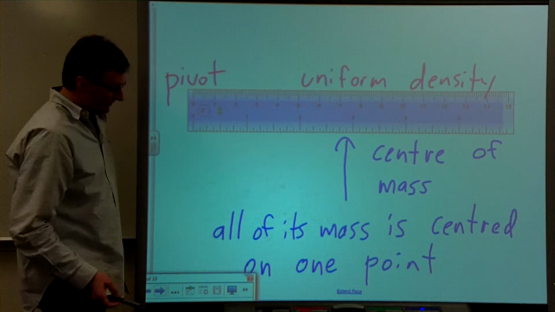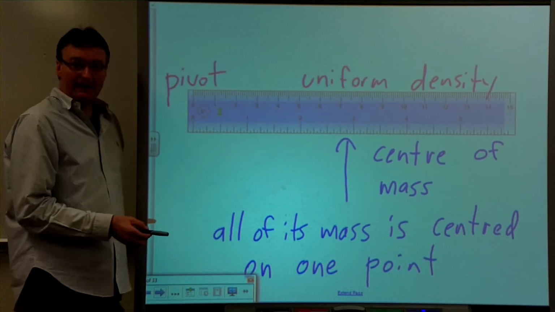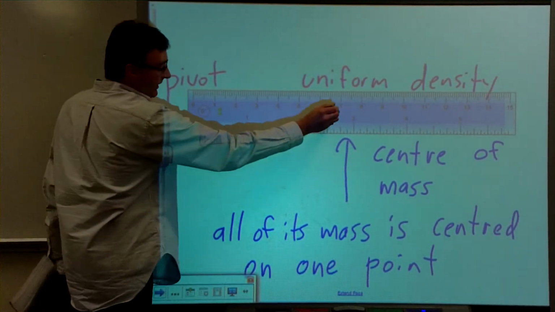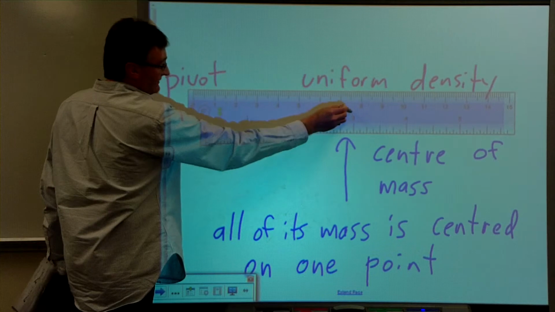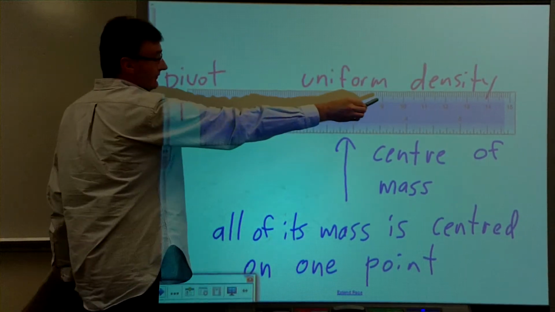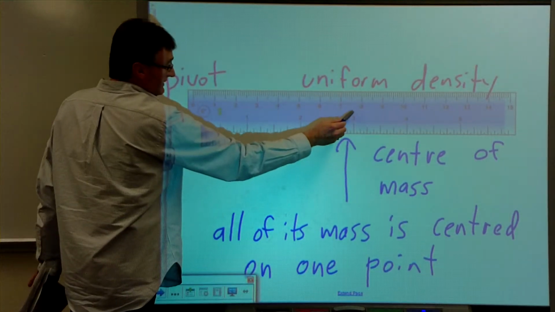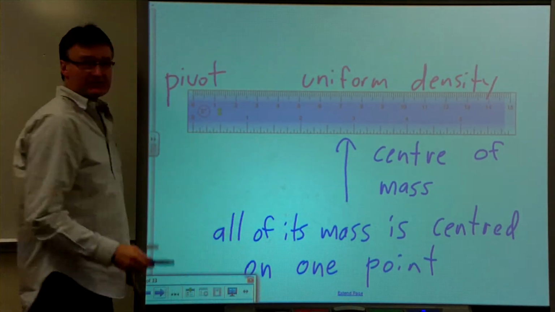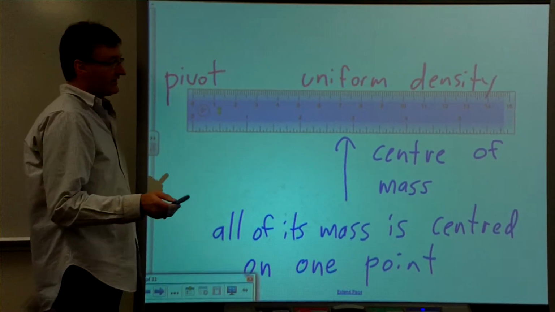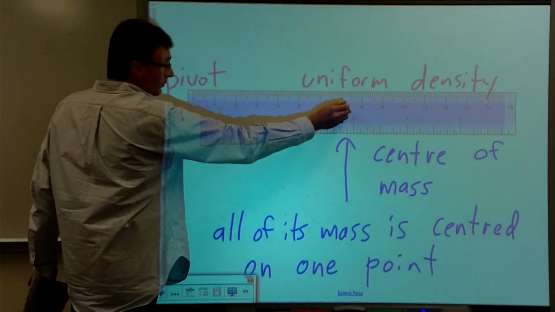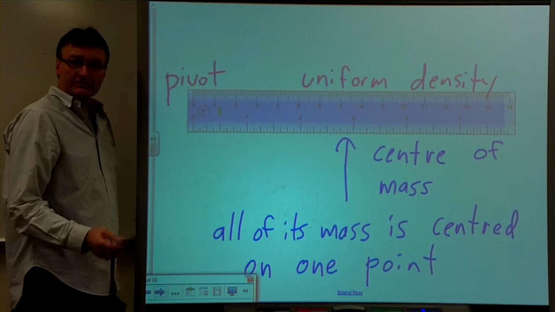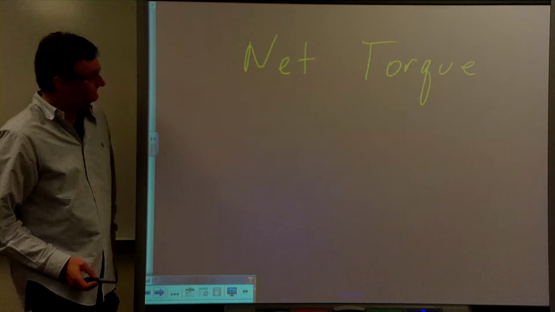And that is useful because you can consider all of its mass to be centered at that one point, the center of mass. So as long as it has uniform density, you can use the center of mass, which would be right at the center of the object, and you can consider all of its mass to be right at that point there, which is very useful at times.